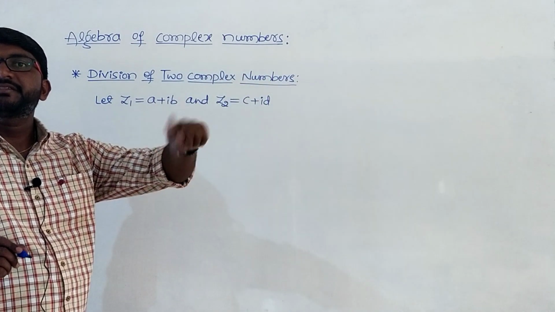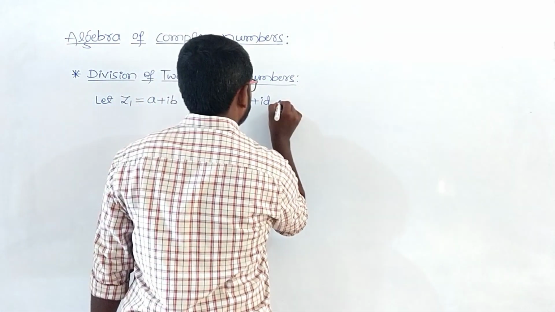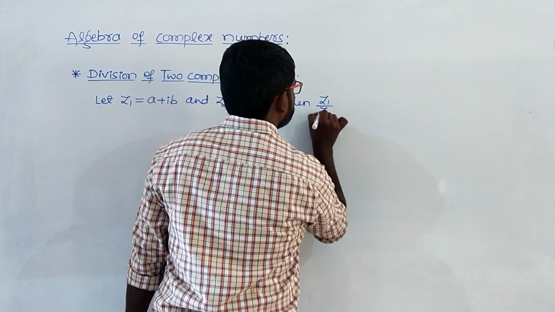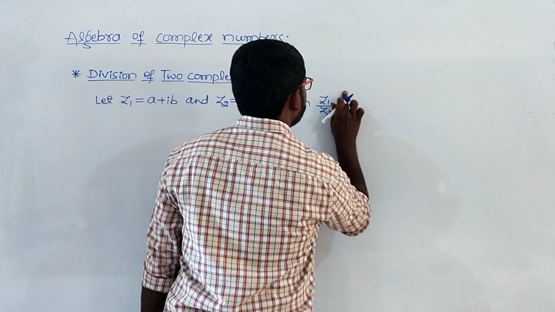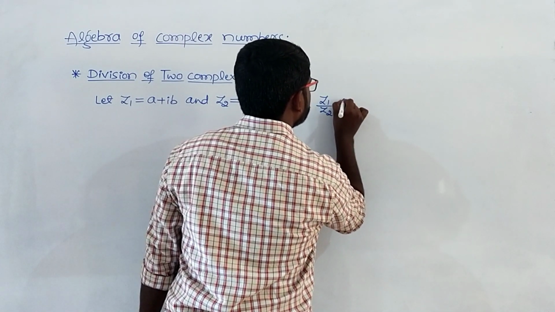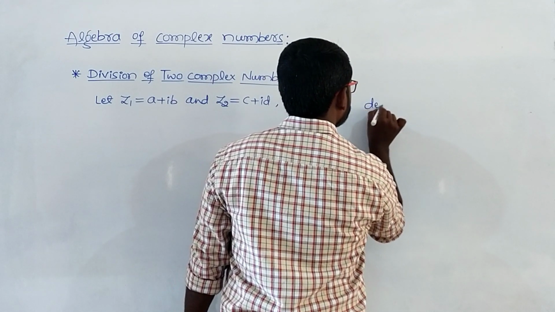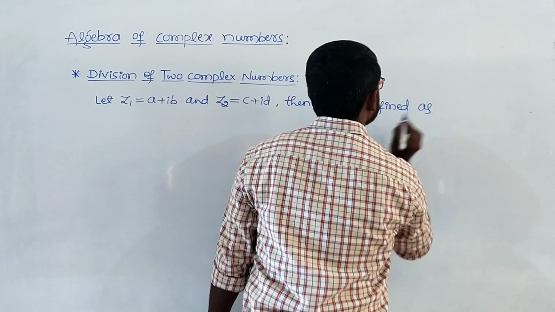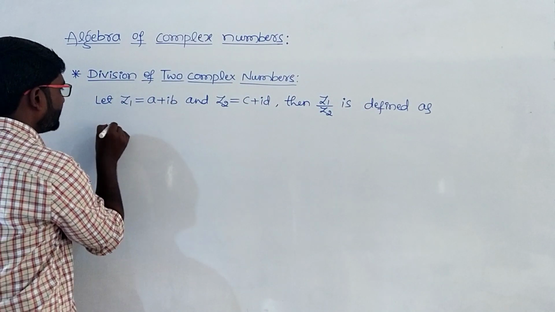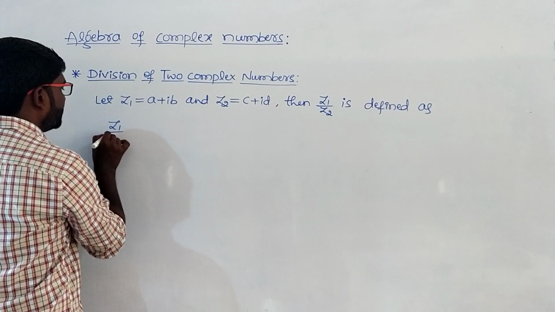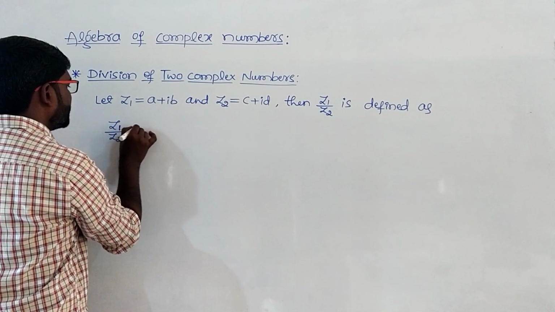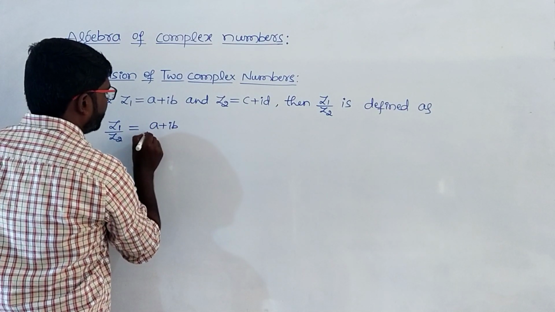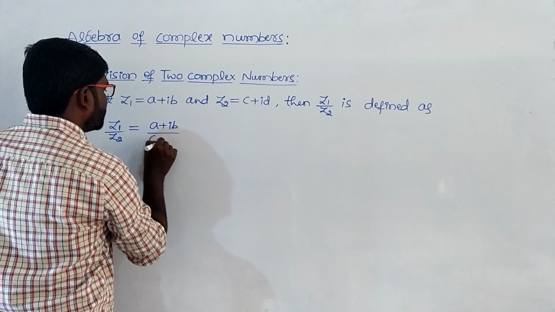Then z1 by z2 is defined as follows. See here, z1 by z2 which is equals to a plus ib divided by c plus id.